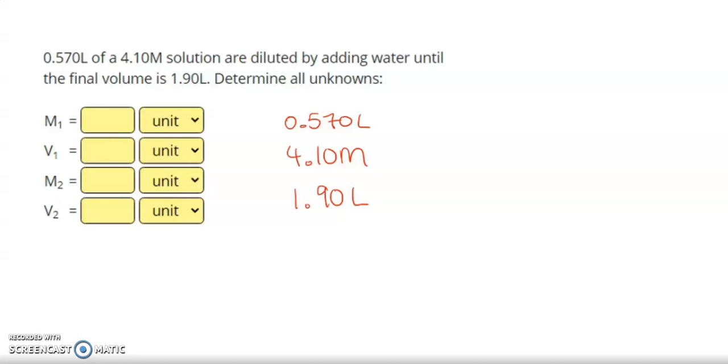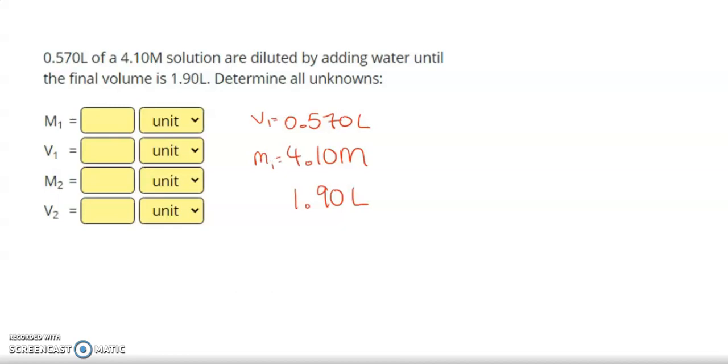And I look through here and I see that originally I had 0.570 liters and 4.10 molar. So those are my original conditions, and so those are going to be M1 and V1. Now liters tells me that's volume, so that's going to be my V1. M tells me that's M1.